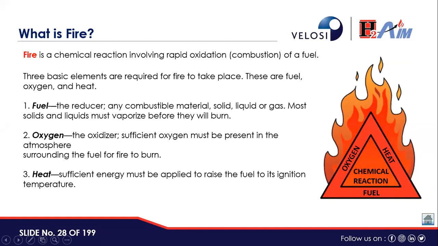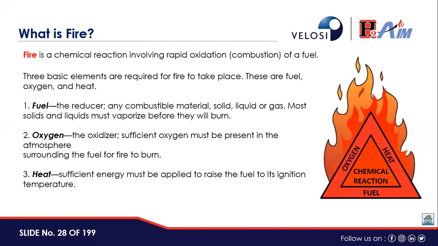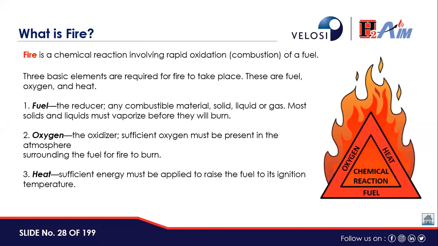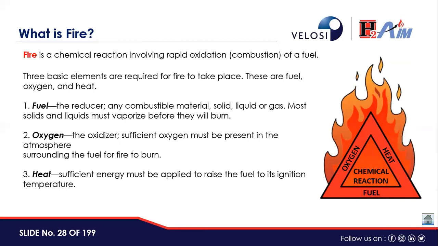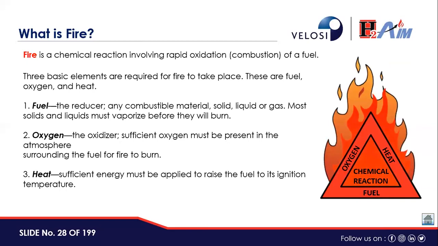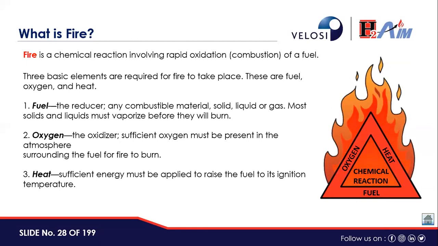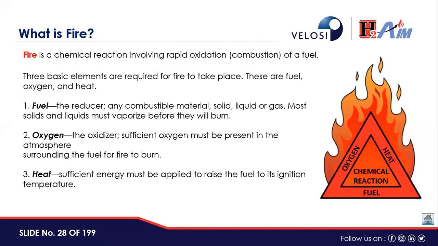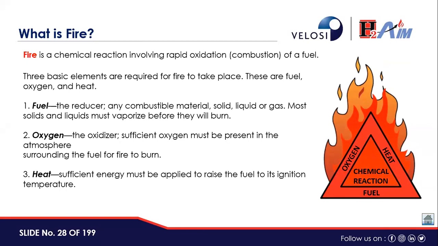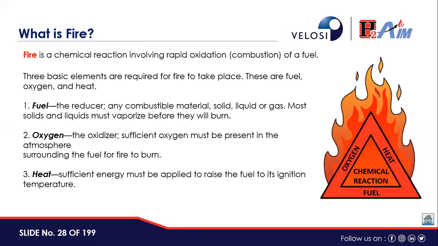For example, in a hydrocarbon industry, there are hydrocarbons, petrol, diesel, or other hydrocarbons inside the vessels, tanks and pipes, and there is air outside which carries 21% oxygen, and only one thing is missing, that is the ignition source. So more focus is on the control of the ignition sources, so that fire should not be able to ignite. That is the basic and fundamental concept of fire.